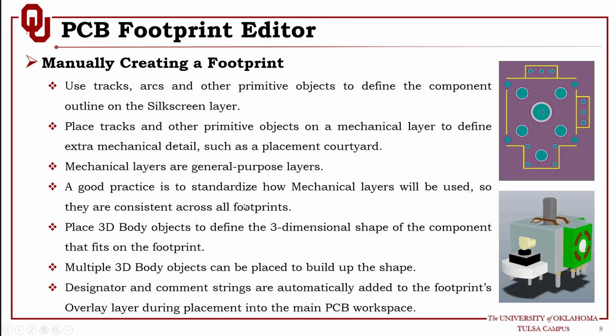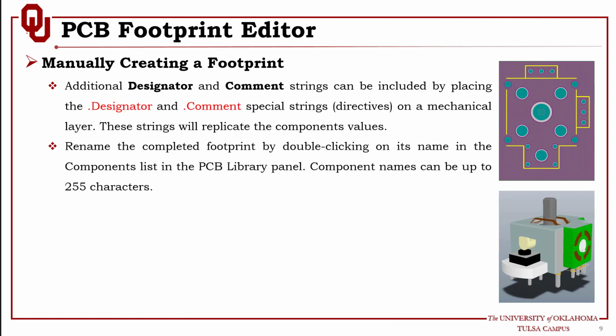We learned how to create a through hole component. This is a pretty complex component. It's not easy, I understand that. So now additional designator and comment strings can be included by placing the dot designator and dot comment. These are defined directives in Altium Designer.